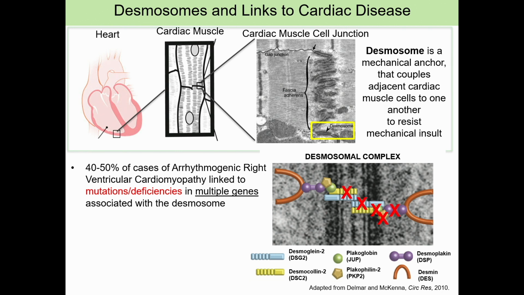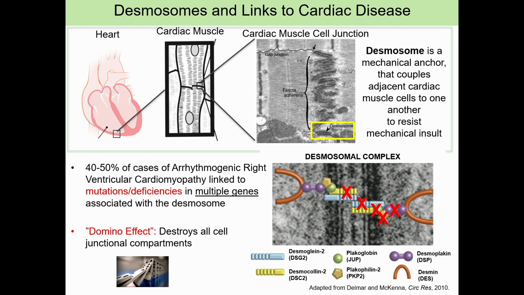Essentially, mutations in each one of these genes is associated with this disease. What's interesting is that when you do get an effect at the desmosome, it has this domino effect where you're essentially destroying all of these other components. Most importantly, the gap junctions are oftentimes the first thing to be impacted.